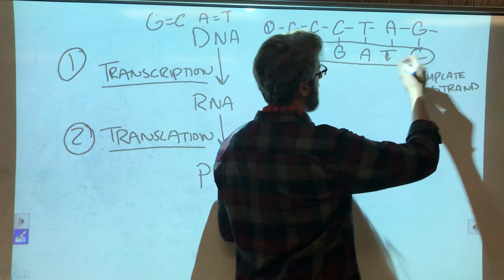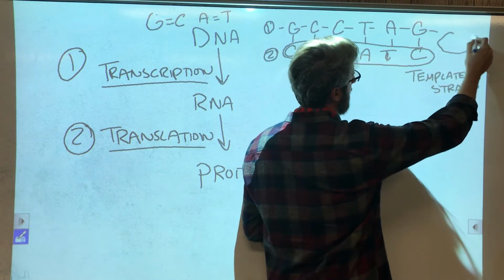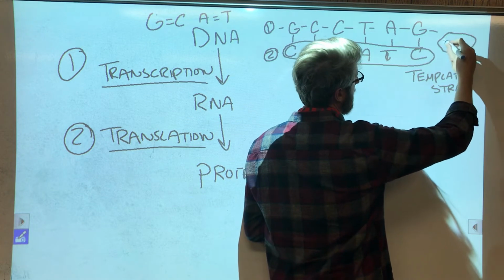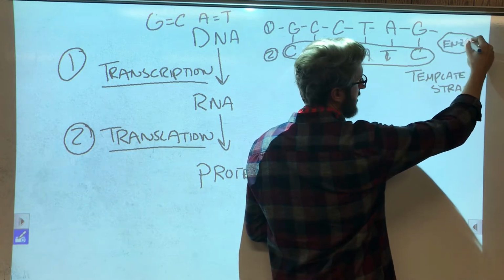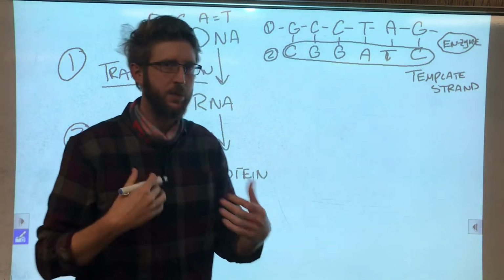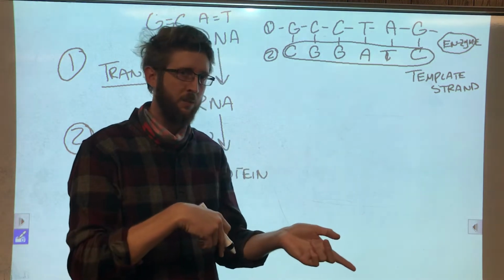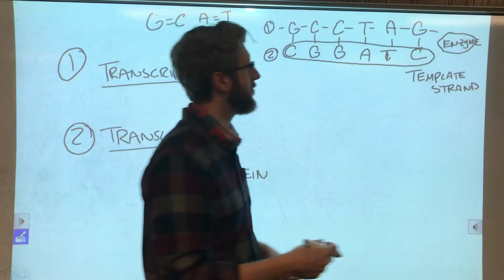And this is done by an enzyme. We talked about enzymes in a previous video. And remember, enzymes are just molecules that speed up chemical reactions. If you don't know what that is, you got to go back to the enzyme video and refresh on that.